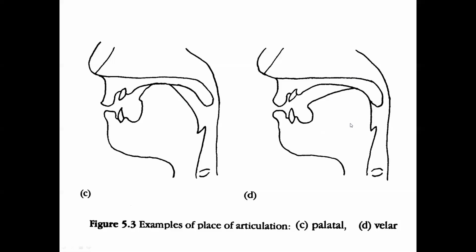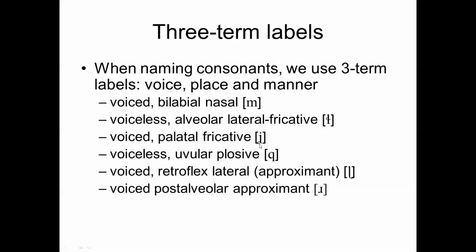Now it's also possible to go back even further and have the tongue hit that uvular area, like that uvular trill I did for you. So when you are talking about a uvular sound, the tongue is hitting that little part that sort of dangles in the back of our mouth off of the velum.